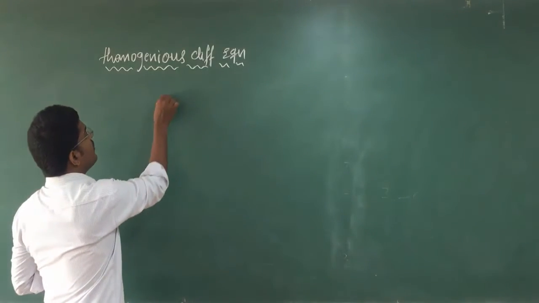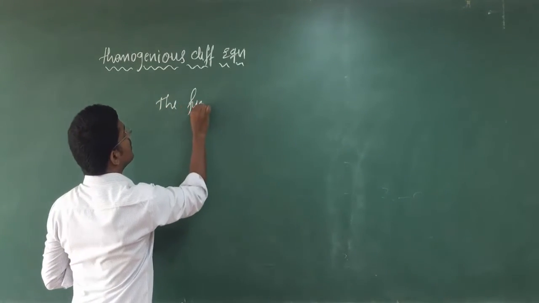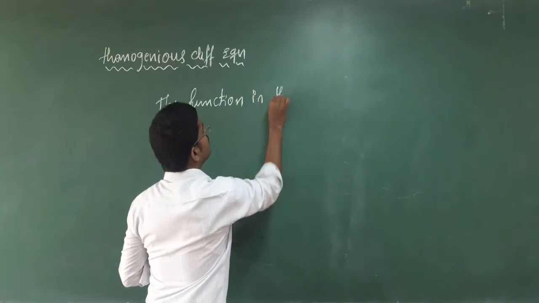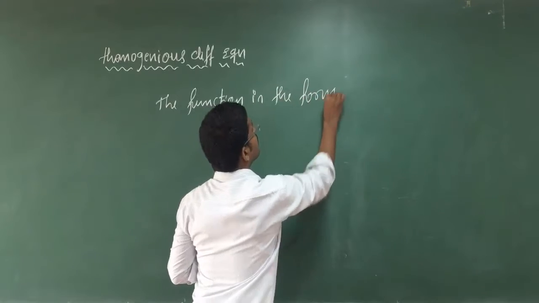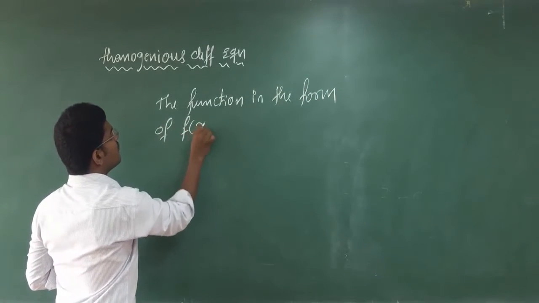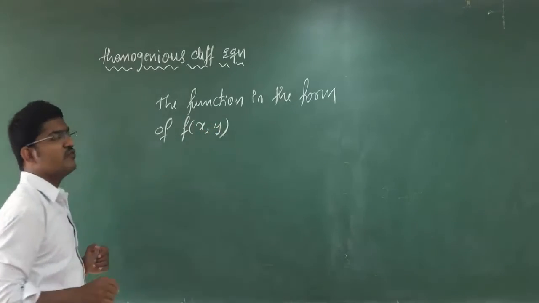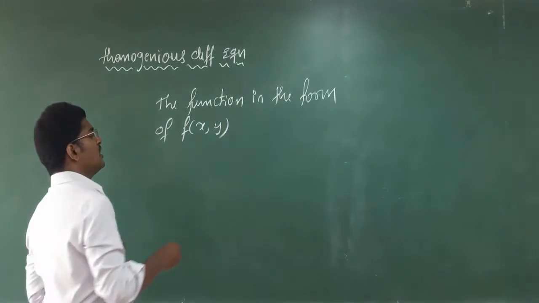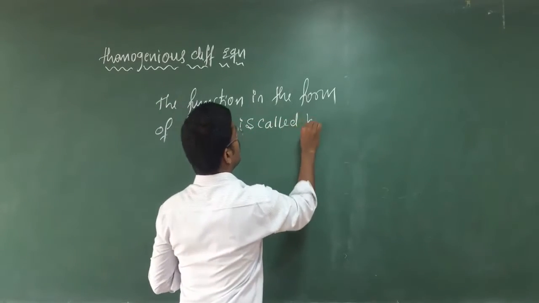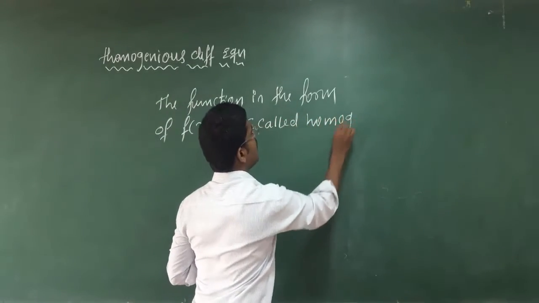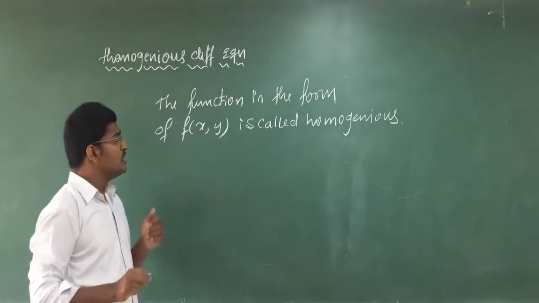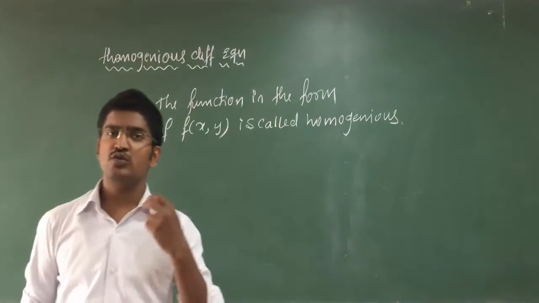Clear? The function in the form of f of x comma y is called homogeneous. That means your function must have two variables.